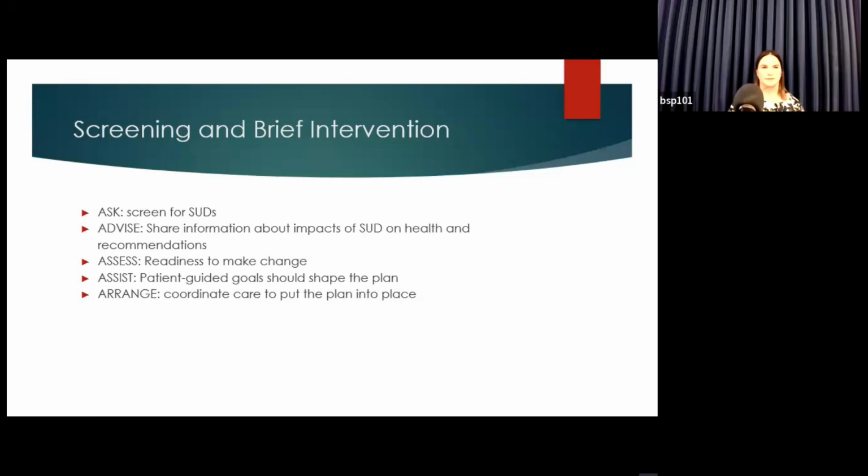So if they agree with you, like, hey, smoking is bad for you, you should quit. No, I'm not ready to quit. Okay, well, maybe you're not in the right stage of change for me to make the impacts I want, but how can I meet you where you are? Let's make a plan that meets the patient's goals. And then helping them coordinate that plan.